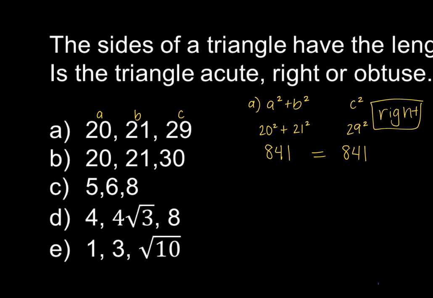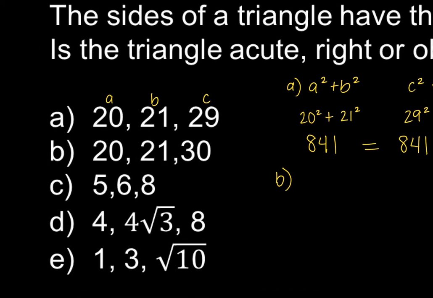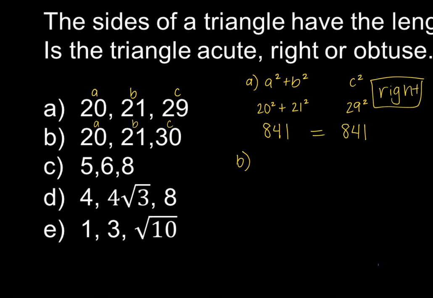Okay, let's take a look at B. In B, we've got 20, 21, and 30. What's my C going to be? 30. And A and B, it doesn't matter which one you make which. A will make 20, B will make 21. So we're going to compare A squared plus B squared to C squared.